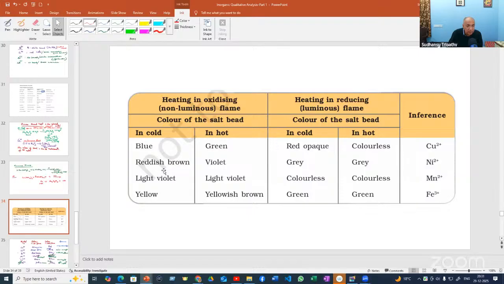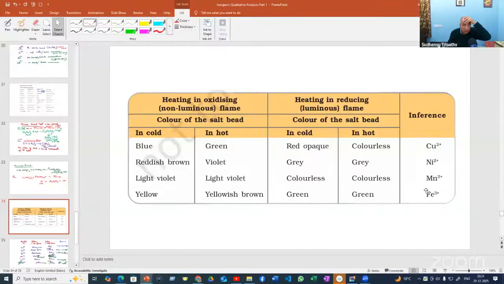Then reddish brown, violet is nickel. In the non-luminous flame it is violet, in the luminous flame gray. Light violet will become colorless; manganese metal will not have any distinct color, so that violet color will vanish when further reduction to metal happens. Yellow, brown, green: the ferric will be converted to ferrous.